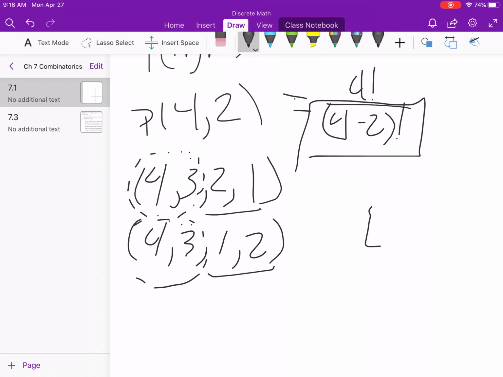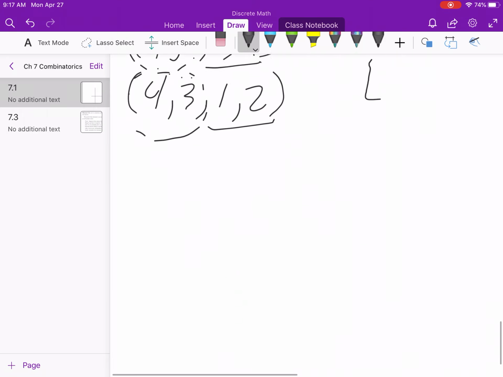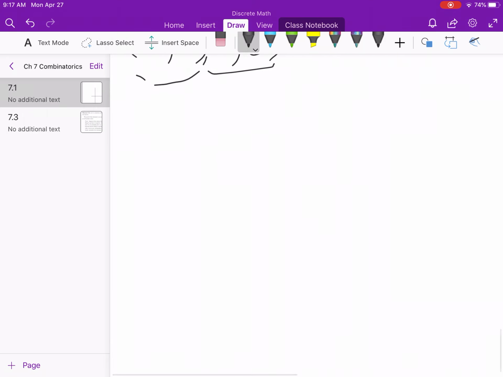Or I guess how many things have overlapping things in the first and second place? And so notice I would get that. And so that's a different way we can think about it.